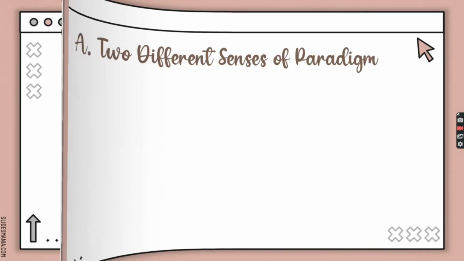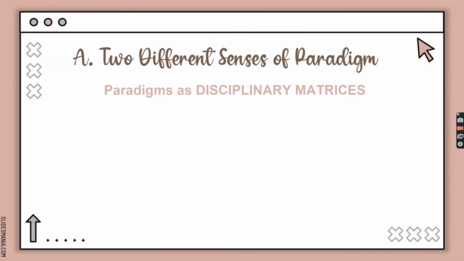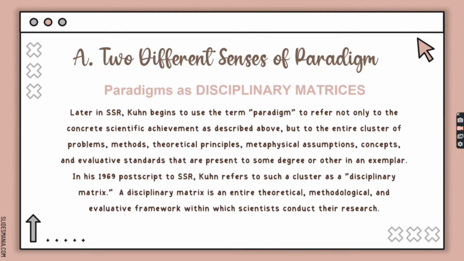Next is the paradigm as disciplinary matrix. Later in The Structure of Scientific Revolutions, Kuhn begins to use the term paradigm to refer not only to the concrete scientific achievements as described, but to the entire cluster of problems, methods, theoretical principles, metaphysical assumptions, concepts, and evaluative standards that are present to some degree or other in an exemplar.